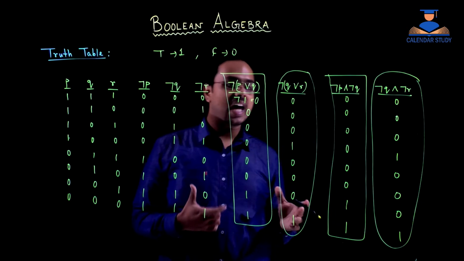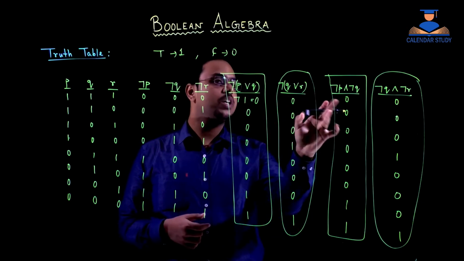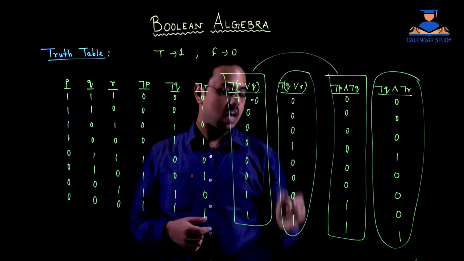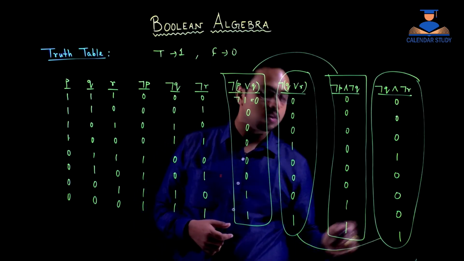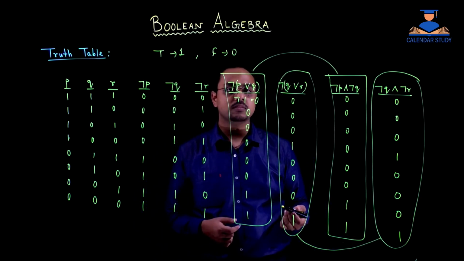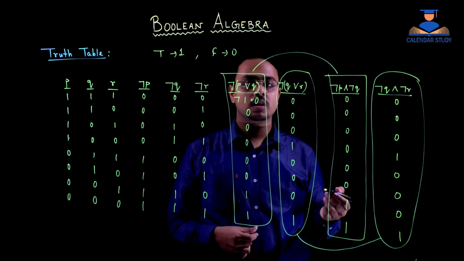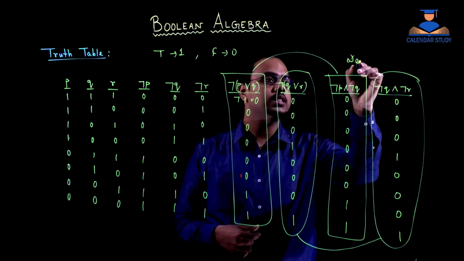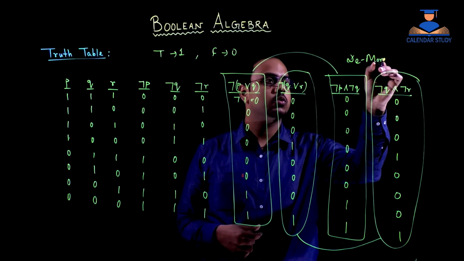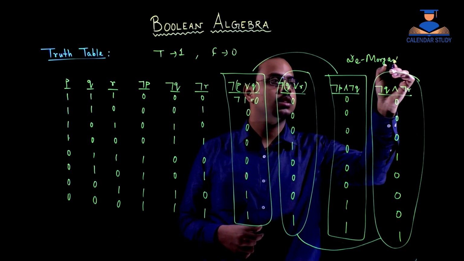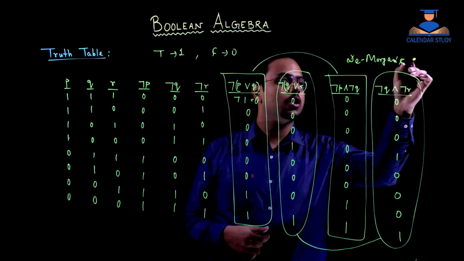So, we can see that these two results are same and these two results are also same. And these are part of the famous law known as De Morgan's law, which you will study later on in the chapter of mathematical logic.